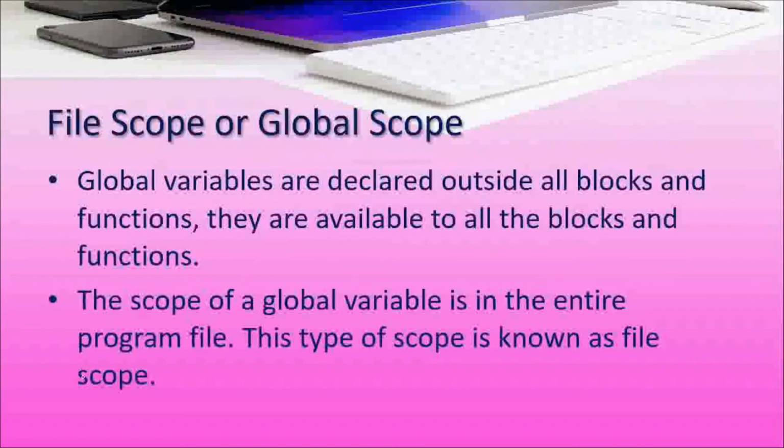Then there comes the file scope or global scope. The global variables or file variables are declared outside all the blocks, even outside the int main, outside the curly braces of all the functions. They are available within that particular file, to all the blocks and all the functions.